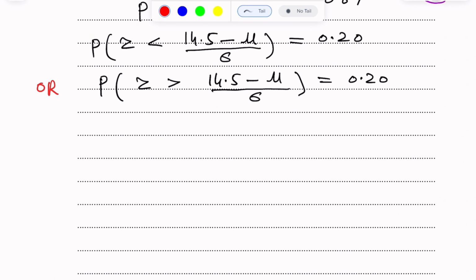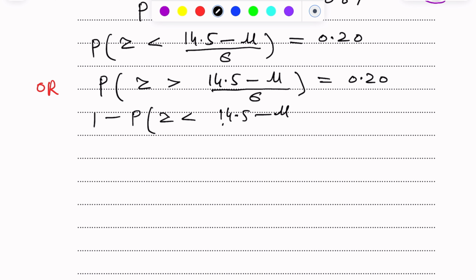Now we will convert this sign into less than, so we subtract from 1. So we can write it as 1 minus probability of z is smaller than 14.5 minus mu over sigma is equal to 0.20.